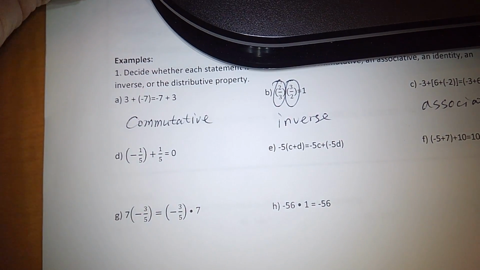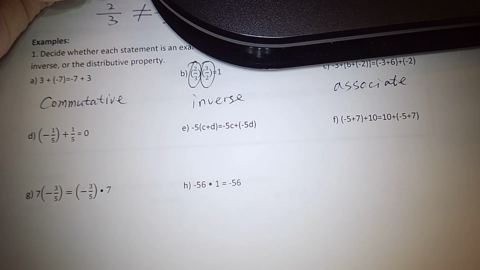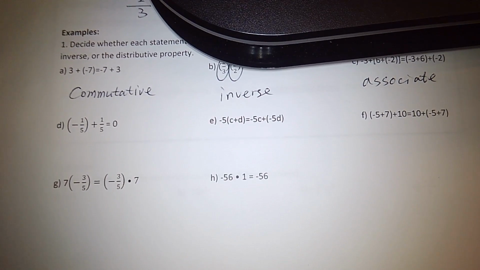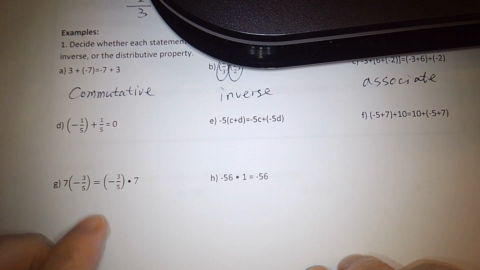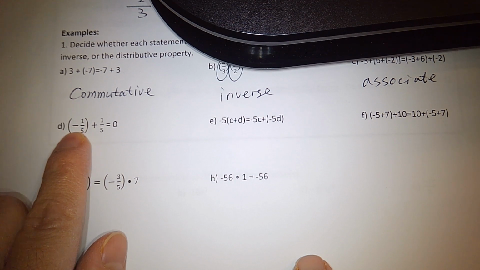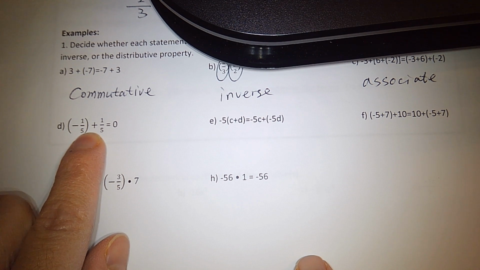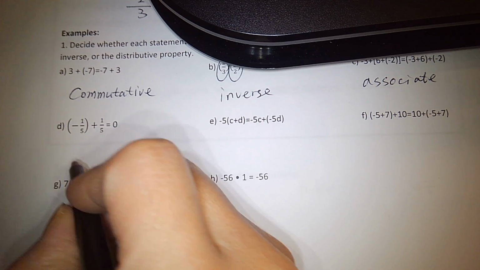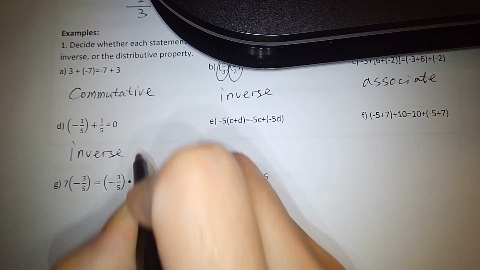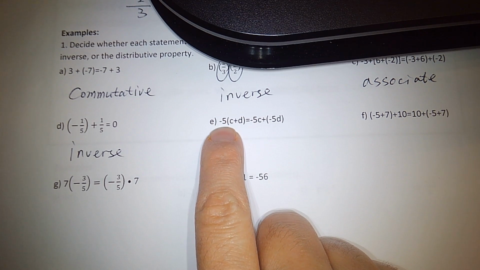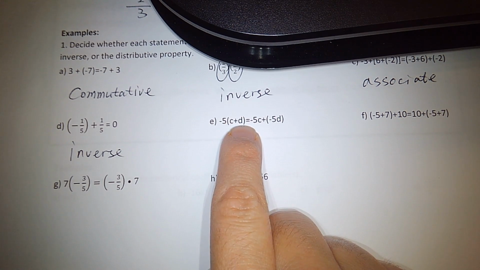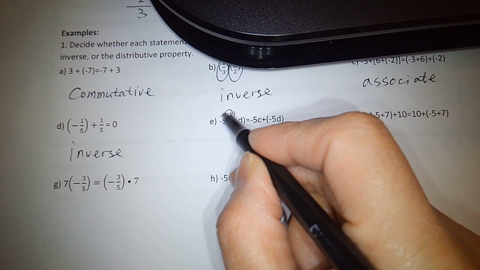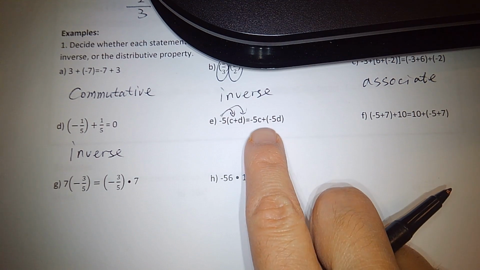All right. Questions D, E, and F. Question D, what property? Check it. A number plus its opposite number for addition, right? So inverse. -5 times (C plus D) equals -5C minus 5D, right?